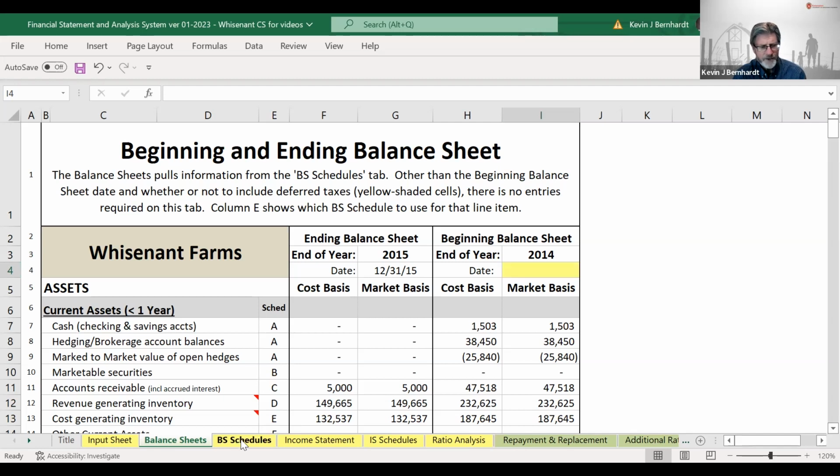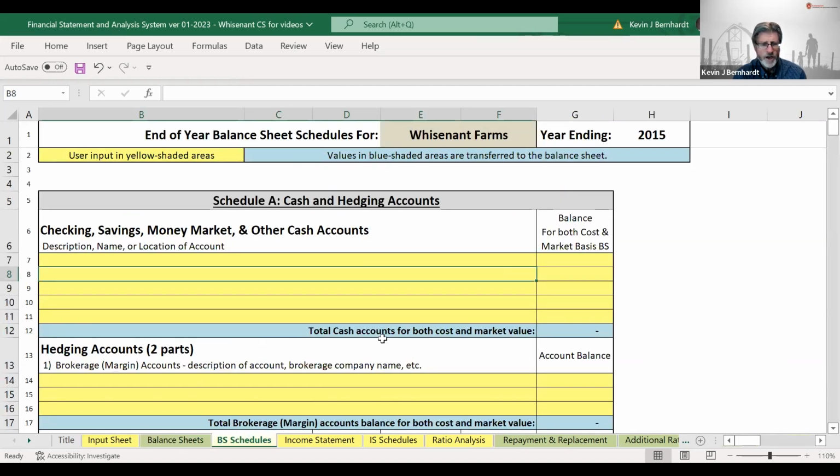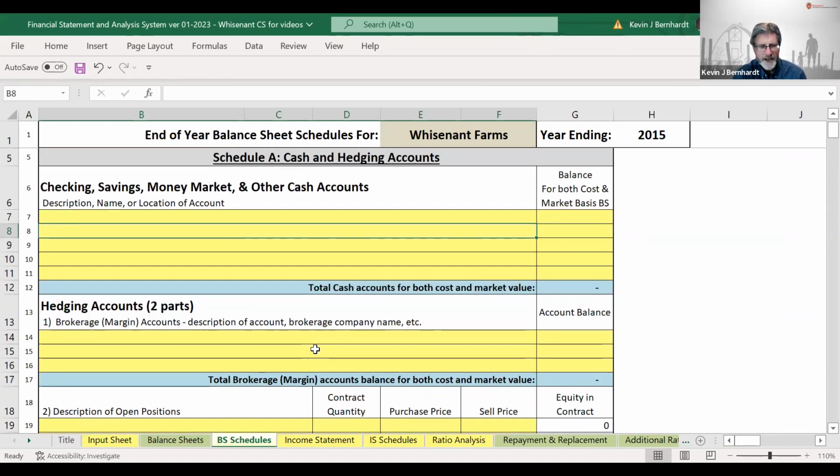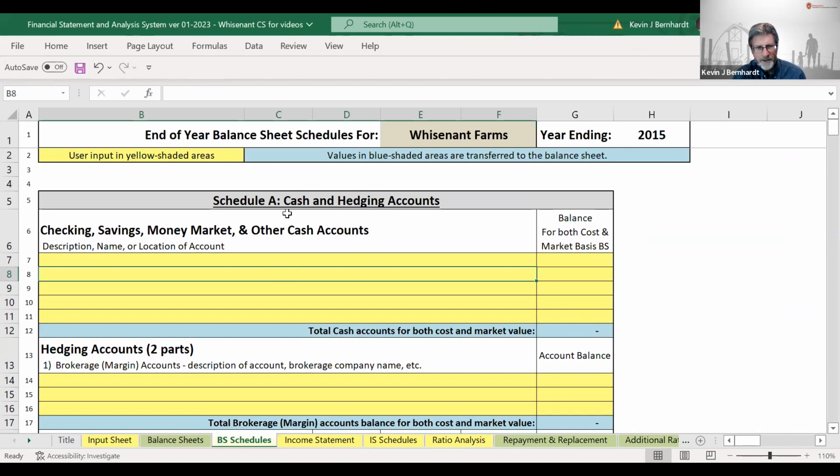The BS schedules is a long tab, the longest and the hardest and the most complex to fill out of the entire spreadsheet. And it will encompass several videos coming up as that explains how to fill out each of these schedules. But each schedule, and you can see there's, let's start at the top. Here's schedule A, that's just for cash and hedging accounts.